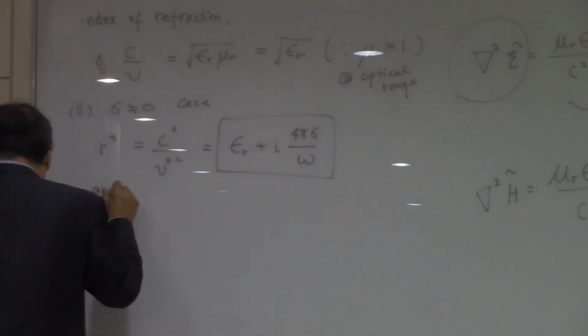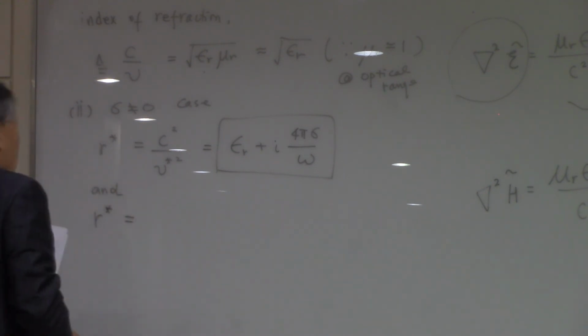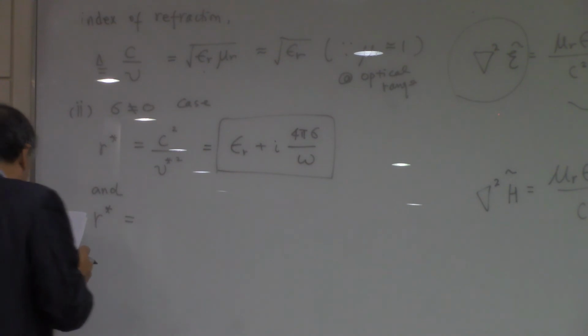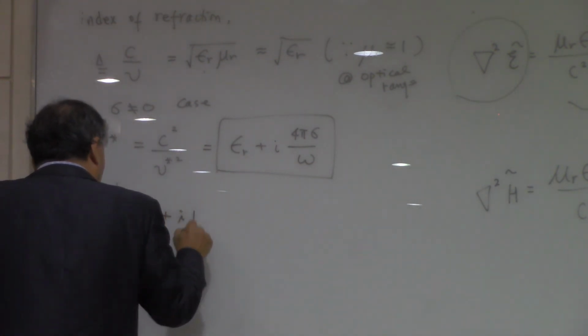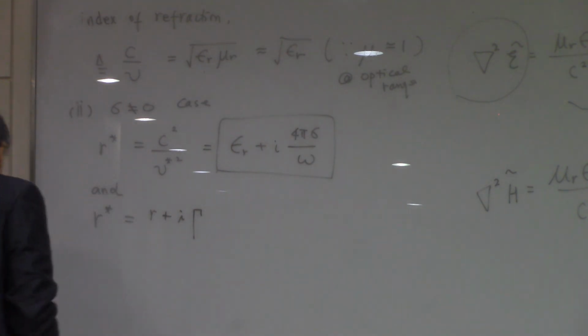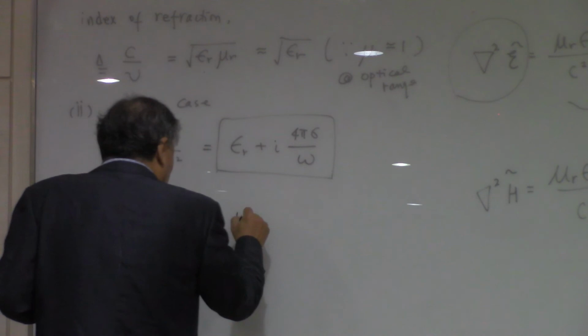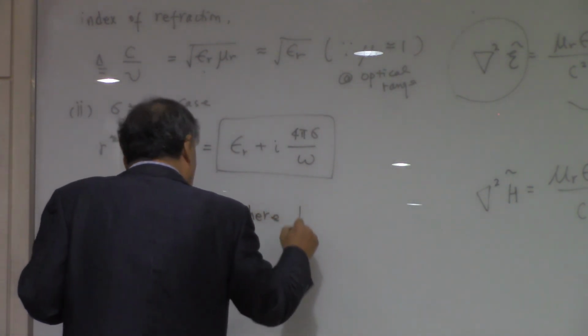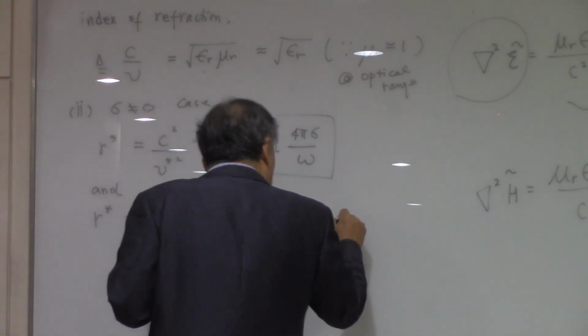And we can see that this complex index of refraction is separated into real and imaginary values, where in this case the imaginary value gamma is the absorption index.